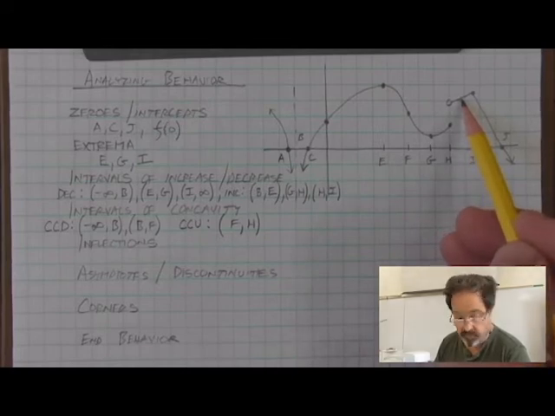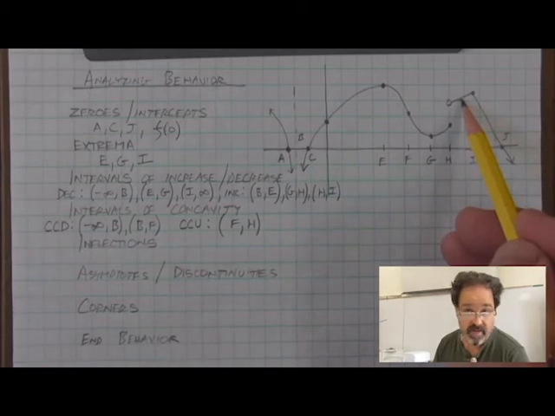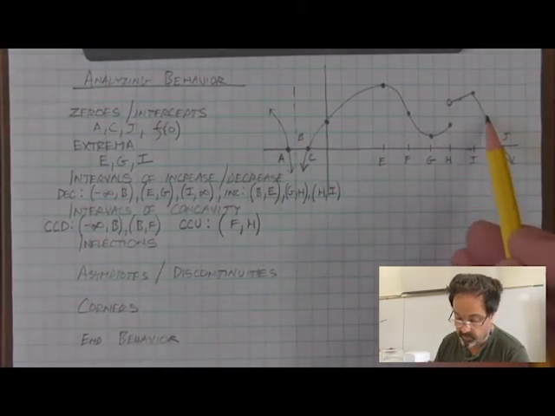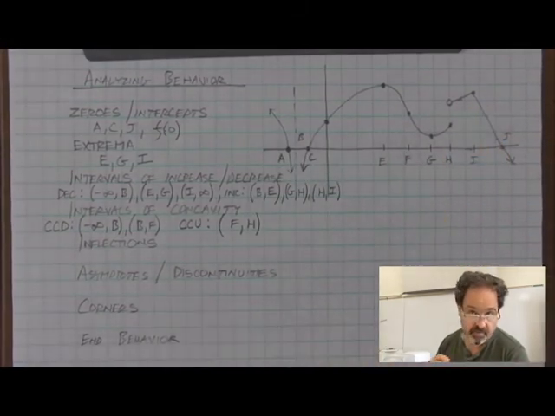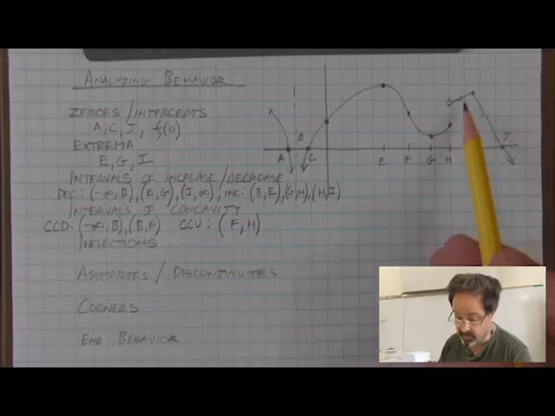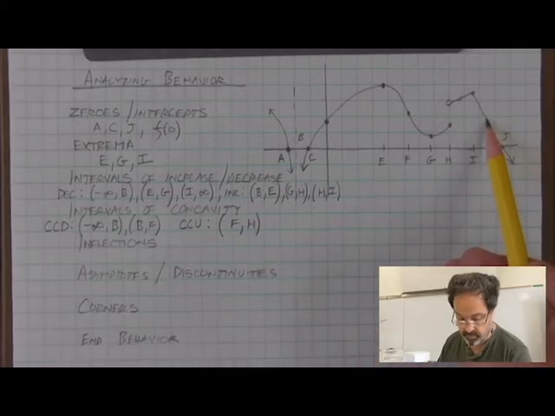The rate of change of any linear piece is constant, and if we then take the next derivative, the derivative of a constant is 0. The second derivative of these two linear pieces is 0. It's not positive, so it can't be concave up, and it's not negative, so it can't be concave down. It doesn't have concavity here or here.